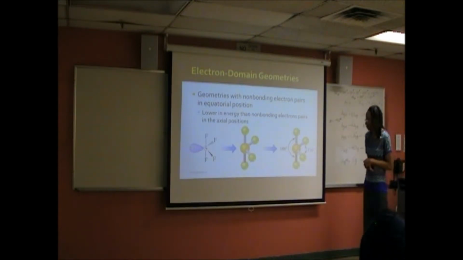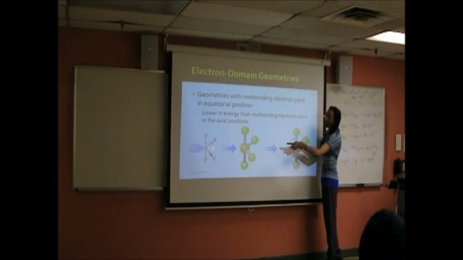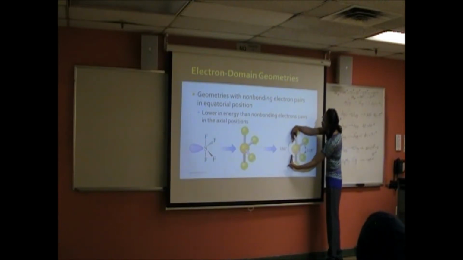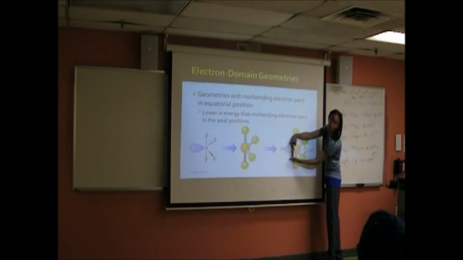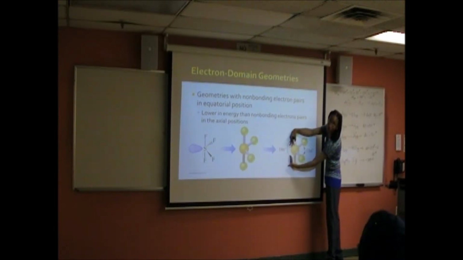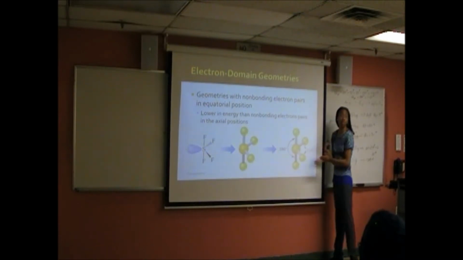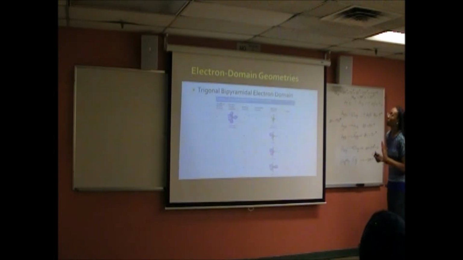So instead of it being a perfect line of 180, it's bent. Your lone pair is spreading out. Because it's spreading out, everything is being pushed back. If everything is being pushed back, your 180 angle will now increase and your 120 will decrease. Do we get that? Okay.